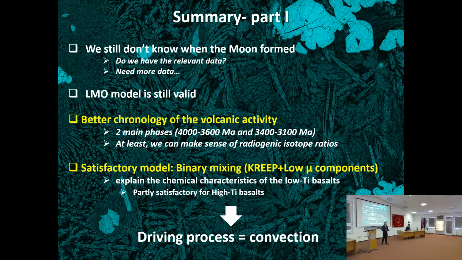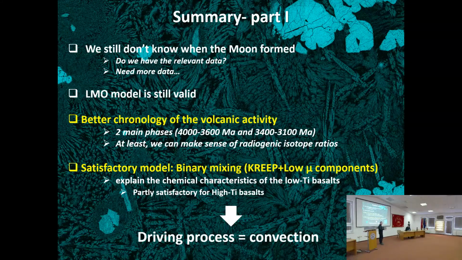It's a debate. The LMO model is still valid. At least we have a better idea about the timing of the volcanic activity. Two main phases, 4400 to 3600 and between 3400 and 3100 million years.